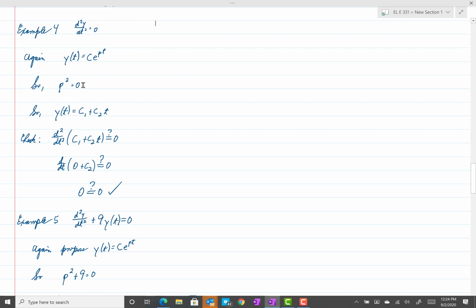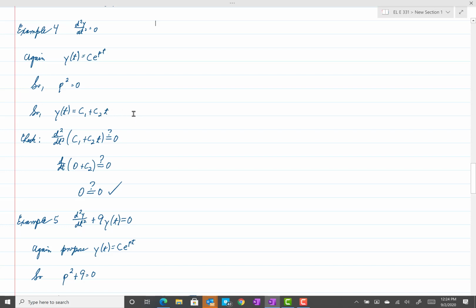And so the first 0 corresponds to a constant, and then the second, by using the principle that we used in example 3, when you have a repeated root, then you will take the form of the first solution and multiply it by t. So here we have a constant, and here we have a constant times t. And so this is the solution to this differential equation.